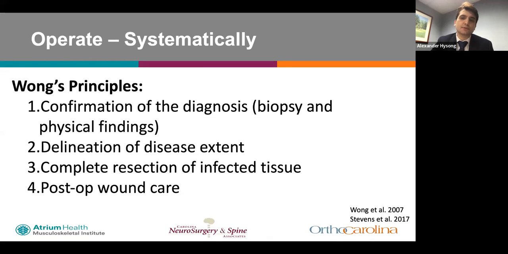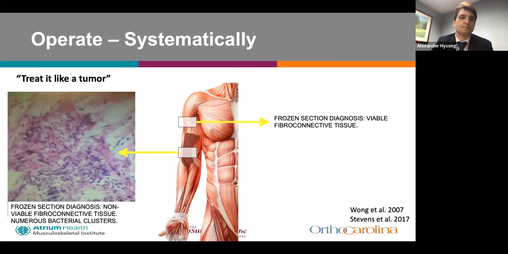Wong created principles in 2007 for operating on necrotizing fasciitis: confirming the diagnosis either through physical exam or biopsy of the fascial planes in the operating room, delineation of disease extent, complete resection of infected tissue, and adequate postoperative wound care, often in the form of a wound vacuum.